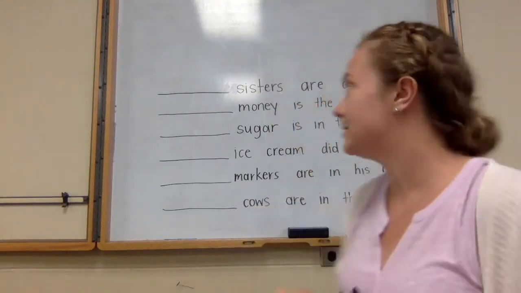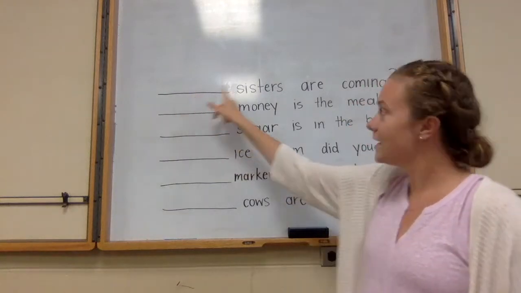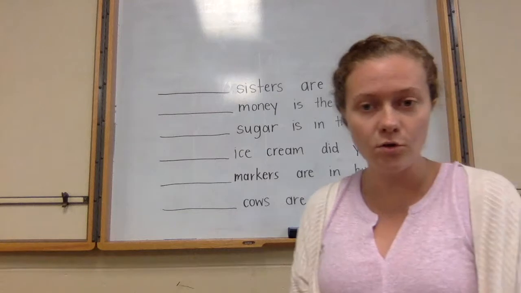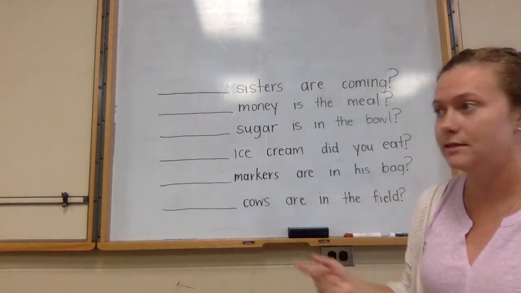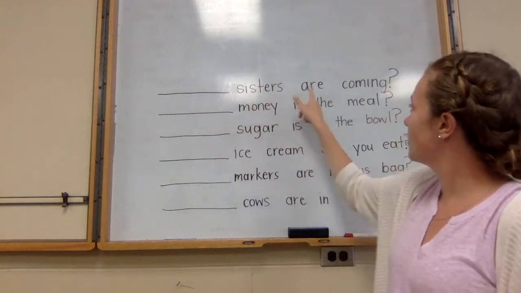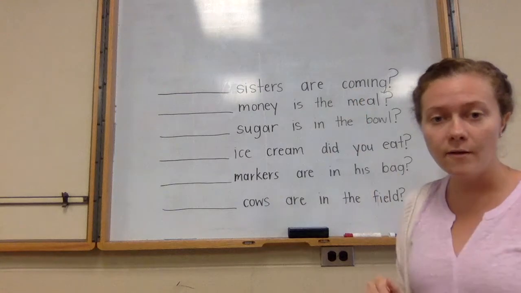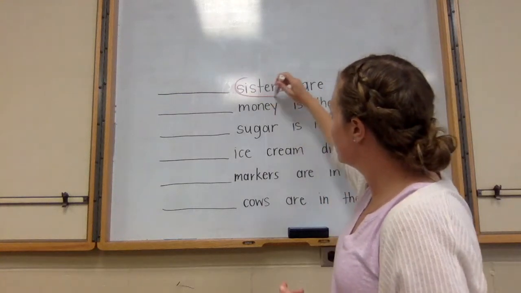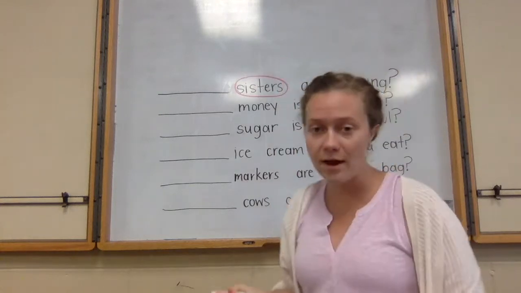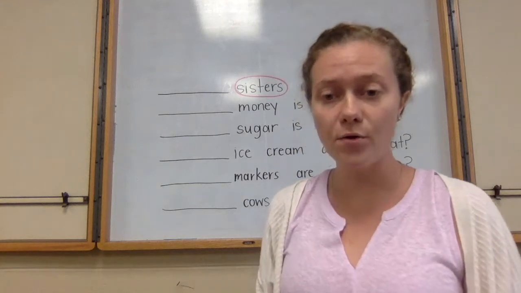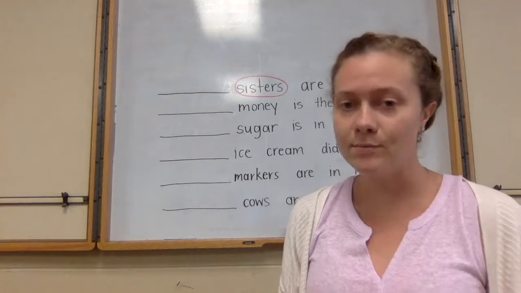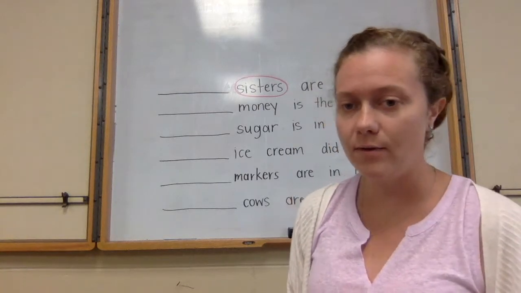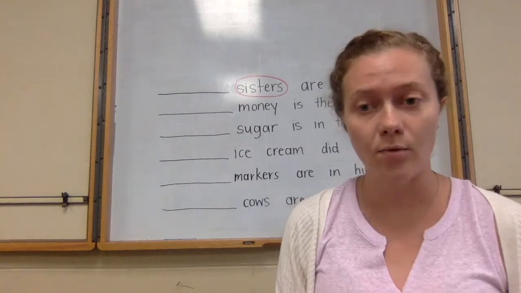So our first sentence here is, blank sisters are coming. So I'm going to ask you, what is the noun in this sentence? Blank sisters are coming. The noun is sisters. So now you have to decide, is this a count noun or a non-count noun? And my little trick for this is, if you can put a number in front of the noun and it still makes sense, then it's a count noun.